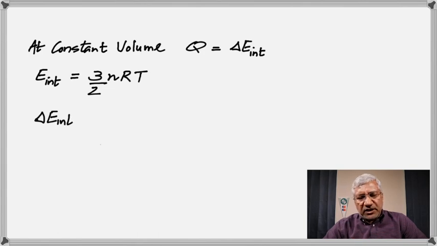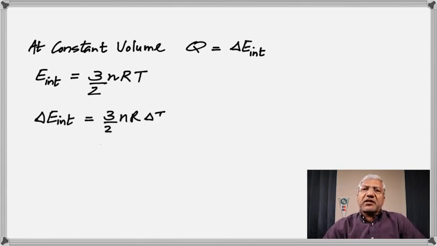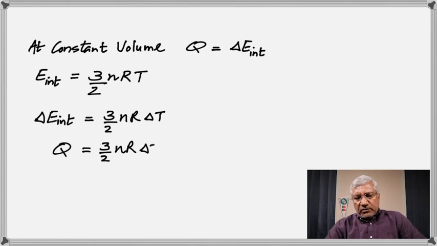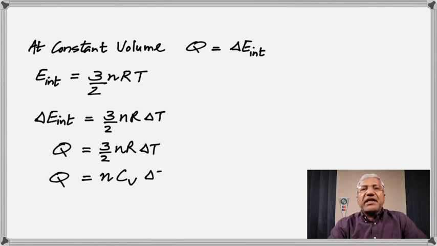So if you take delta E, you're going to see that everything else is a constant except temperature. So you get 3/2 nR delta T, which makes Q equal to 3/2 nR delta T. But isn't Q also n Cv dT?